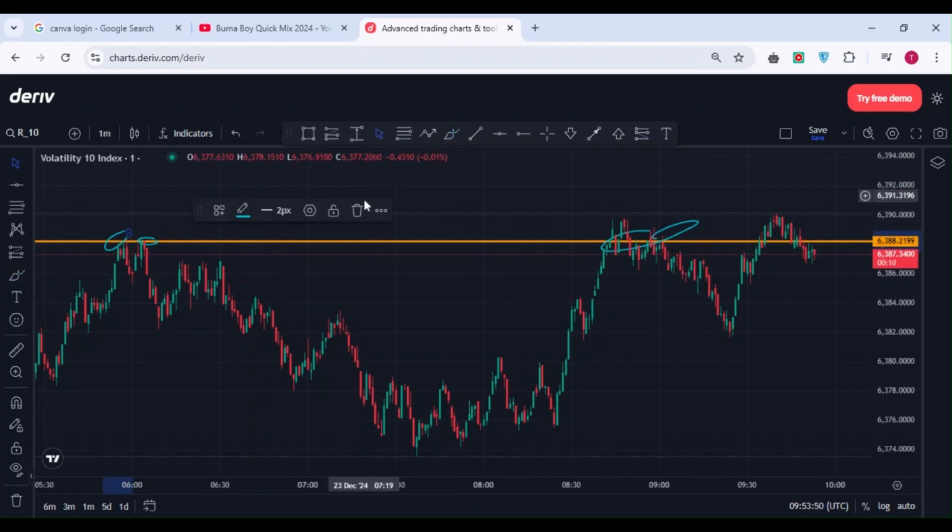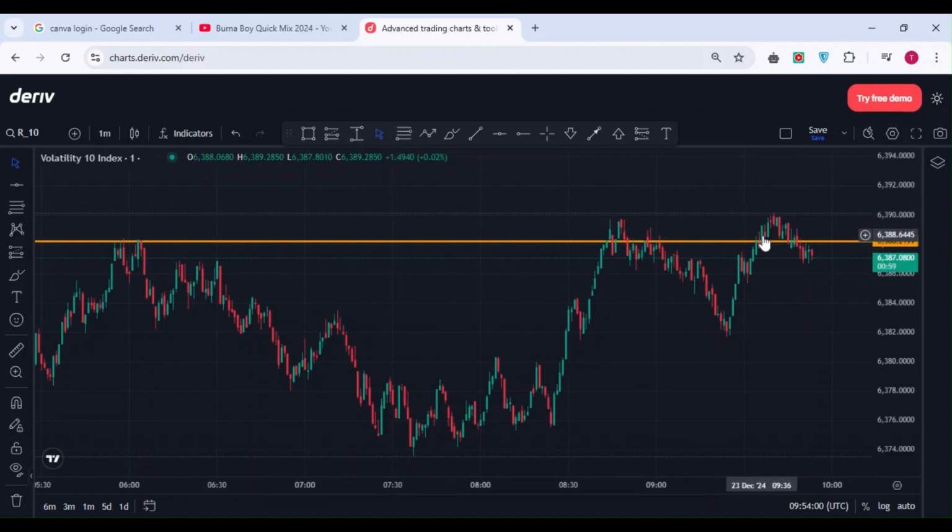Let's now identify another key level on this chart. The first point, I've already marked my resistance zone, and this price has tested this level multiple times. This is the first time, the second time, the third time, and we can see the candlesticks formed around this point have very long wicks.